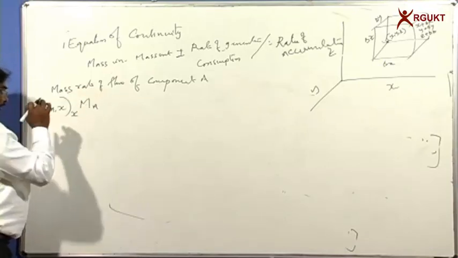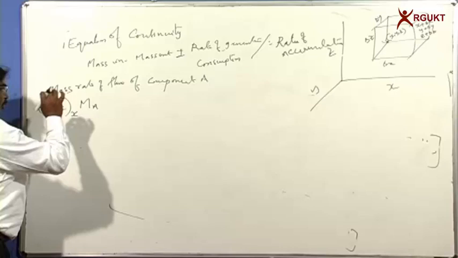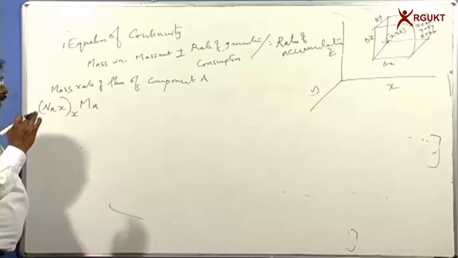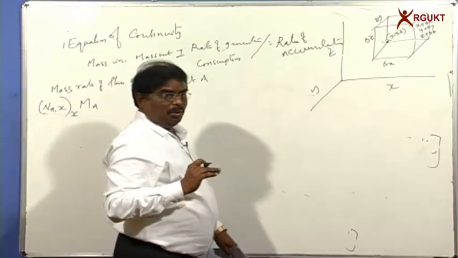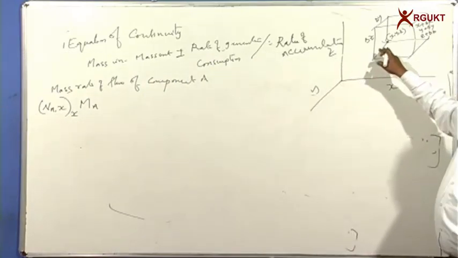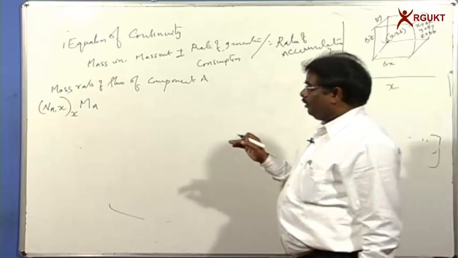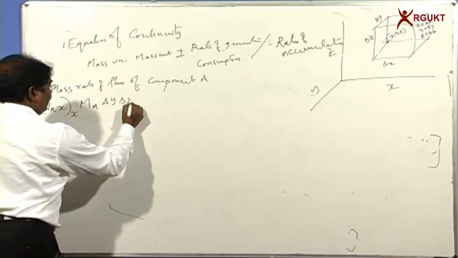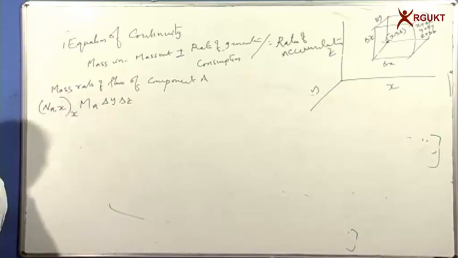And when you want a mass flow rate, one has to multiply with the molecular weight as well as the area perpendicular to the flow. When you talk about the x direction, the area perpendicular to the flow is in the y and z directions, so we multiply with the area, which is delta y times delta z.